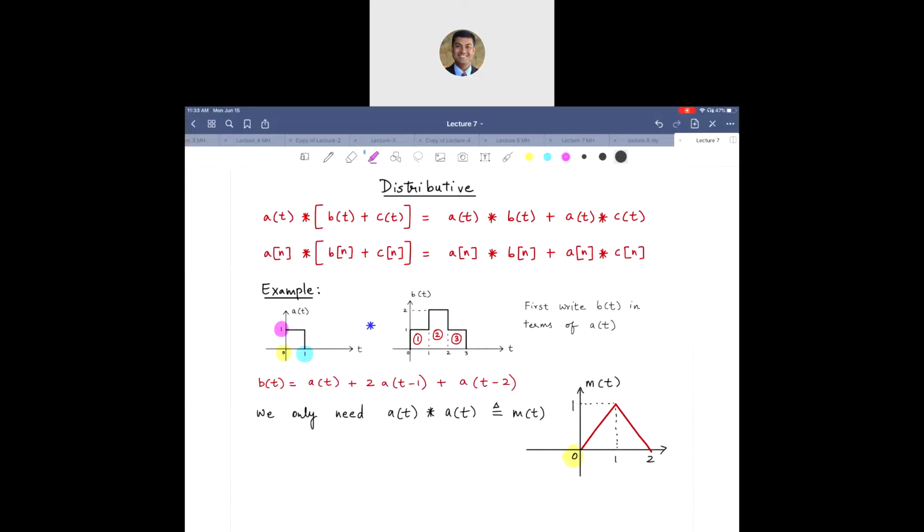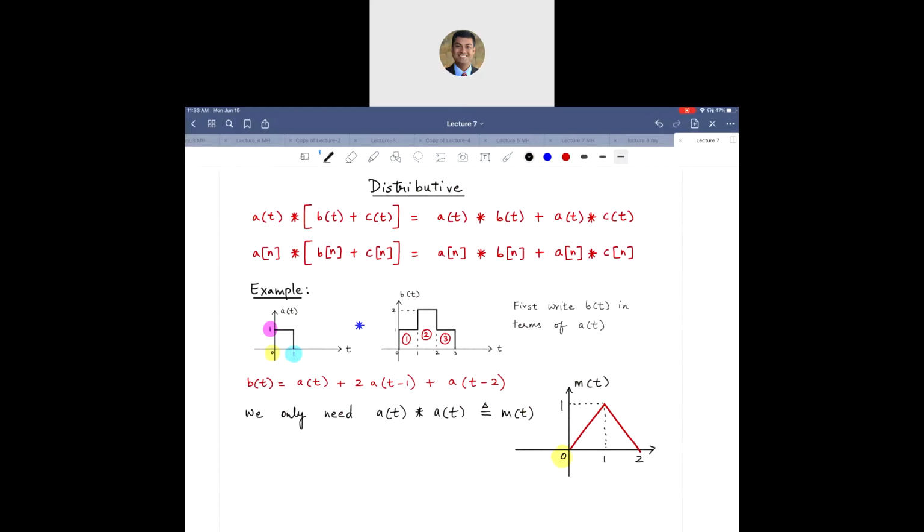That's it. If you have m of t, it helps our example tremendously, because what I can do is say that c of t is a of t convolved with b of t, which can be written in a of t terms as a of t plus 2 a of t minus 1 plus a of t minus 2.